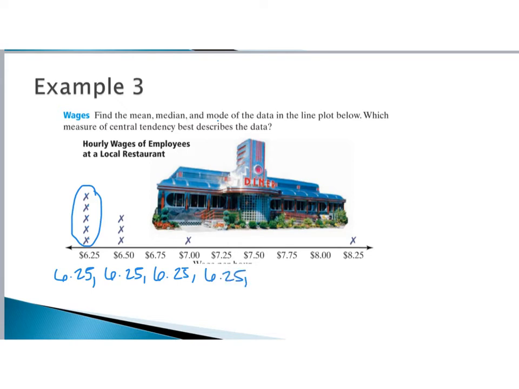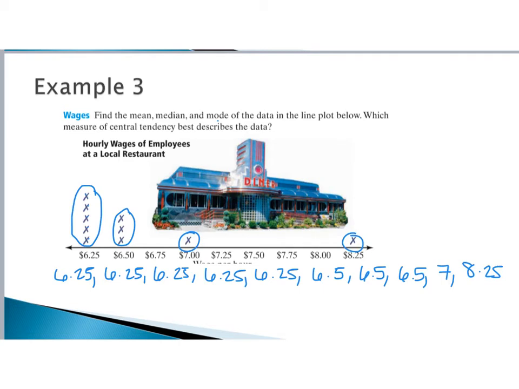So it's 1, 2, 3, 4, and another 6.25. Then I'm going to have 3 6.50s. So 1, 2, 3. I have 1 7, and I have 1 8.25 down here.